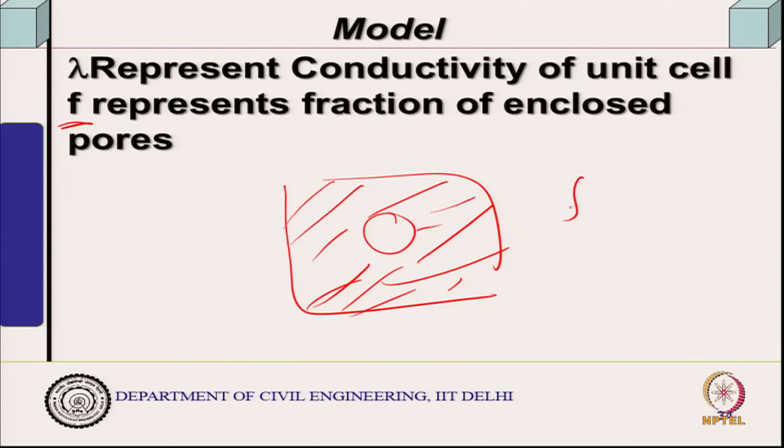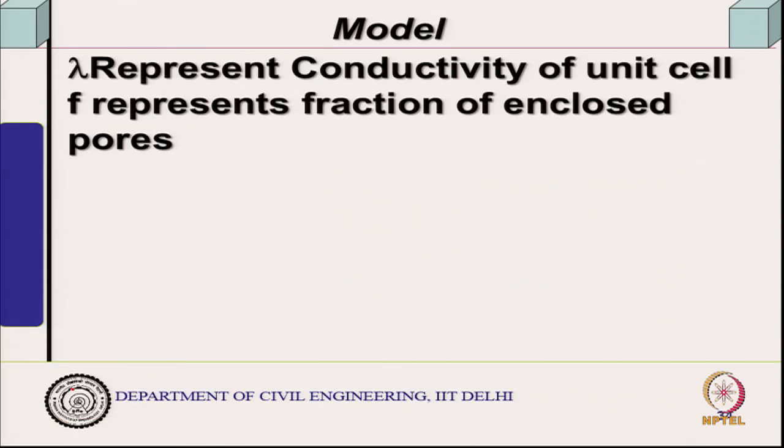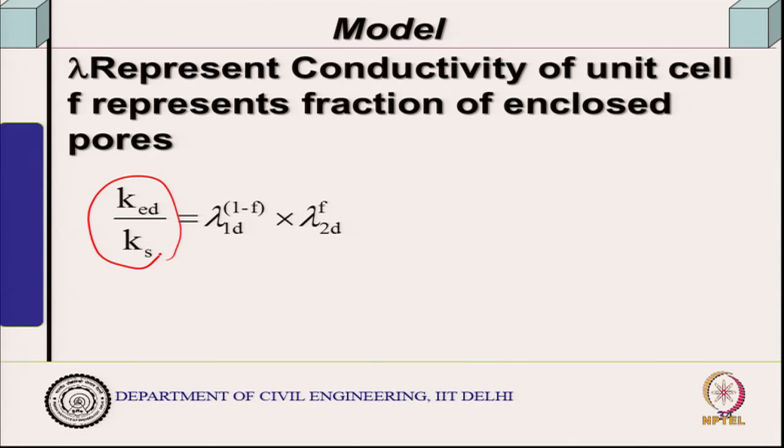If this is F, then 1 minus F will be the proportion of the other type, enclosing pores, pores outside. So, I can combine this in this manner: equivalent dry divided by K solid, into this geometric mean, to the power. How do you take the geometric mean?